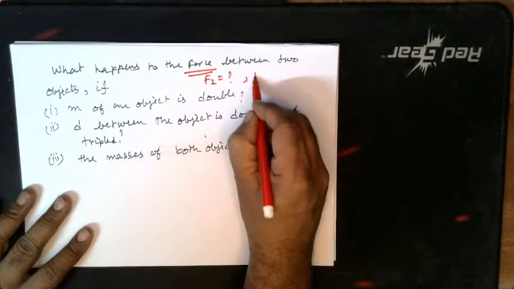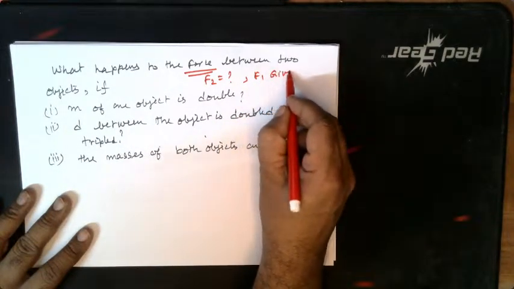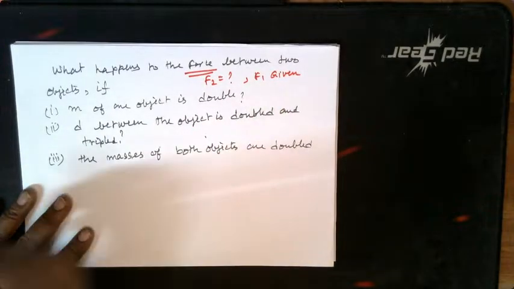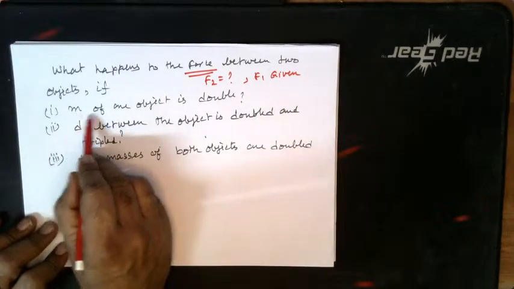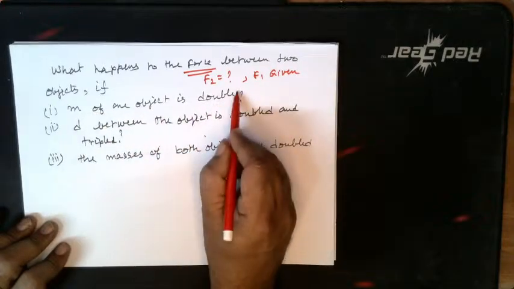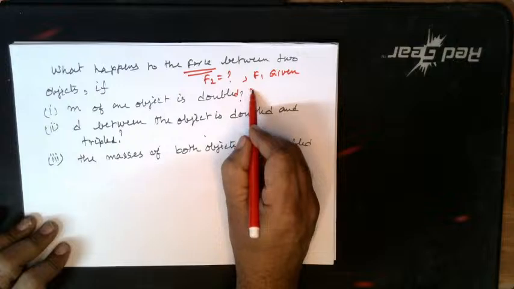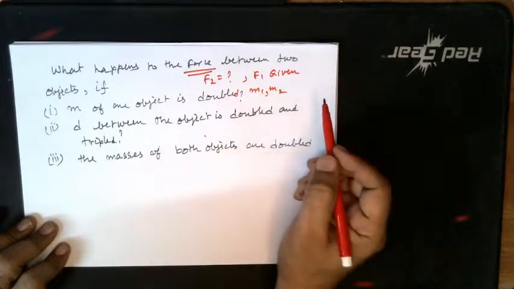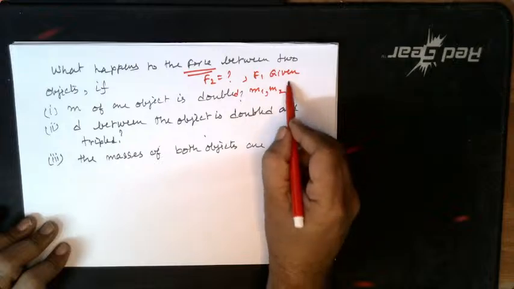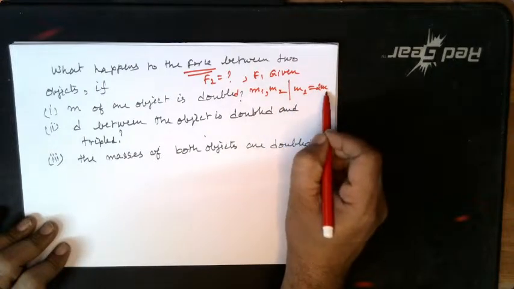So F1 is given. Then there are three different questions. In the first subdivision, mass of one object is doubled. Doubled means you have got two masses, M1 and M2, where M2 is doubled. Doubled means what? M2 is twice the M1. Do you understand this?